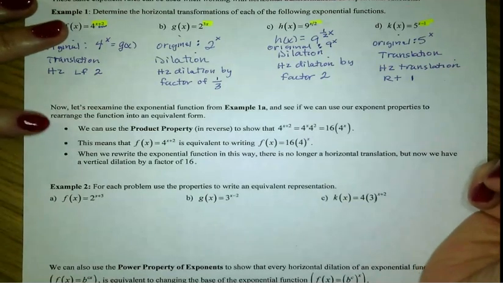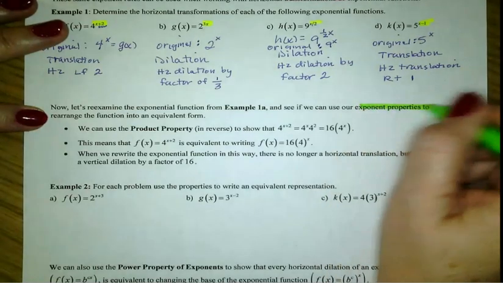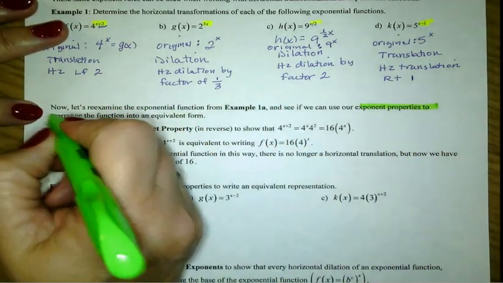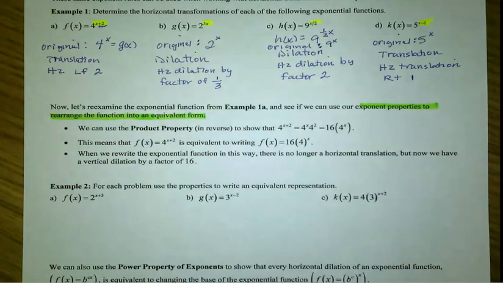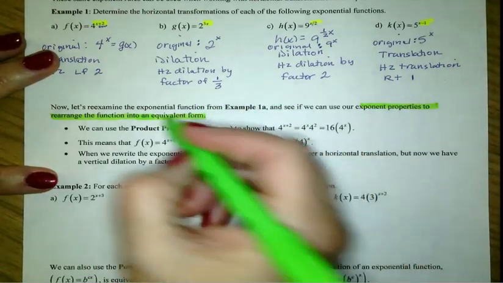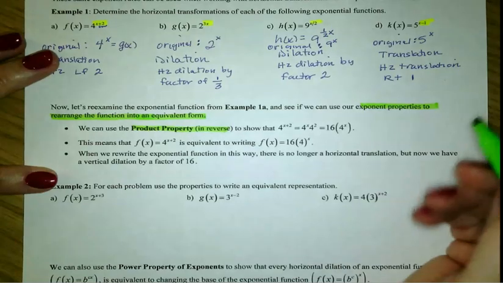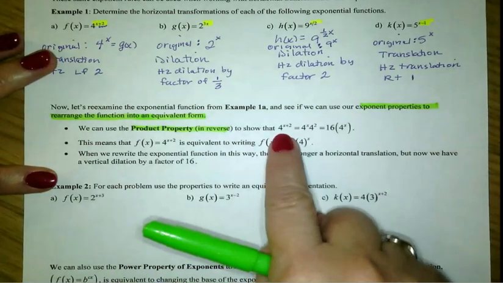So first thing is we can use the exponent properties to rearrange the function and put it into an equivalent form. Just like when we applied the properties, we made those into equivalent forms. So in this case, we can use the product property in reverse to show equivalent forms. So what do I mean by that?